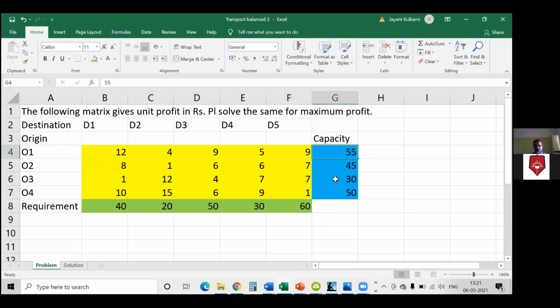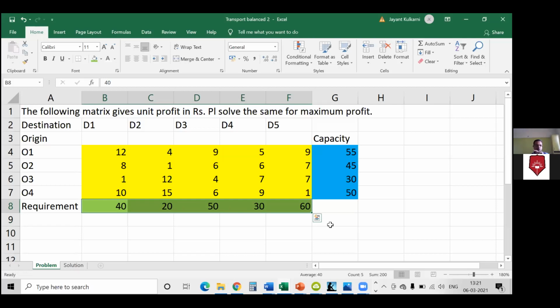So now my total supply is 180 here, and my total demand is 200. Whenever total demand is not equal to total supply, we say that it is an unbalanced transportation problem. The 2 problems that we did earlier, they both were balanced transportation problems, right?